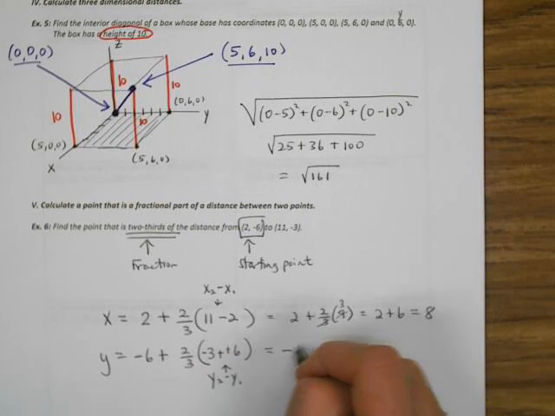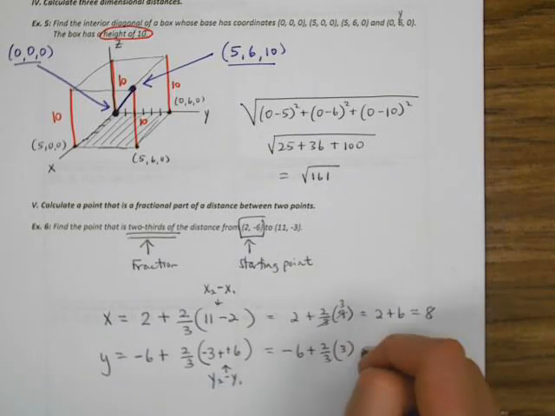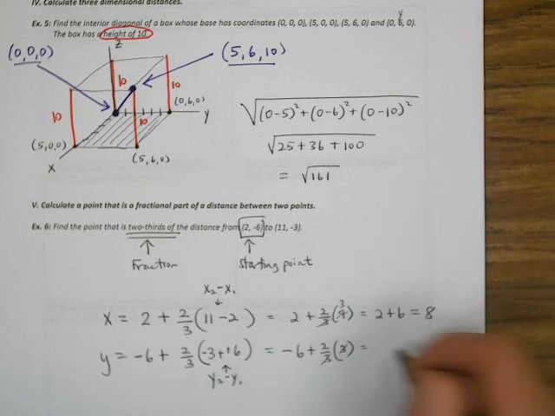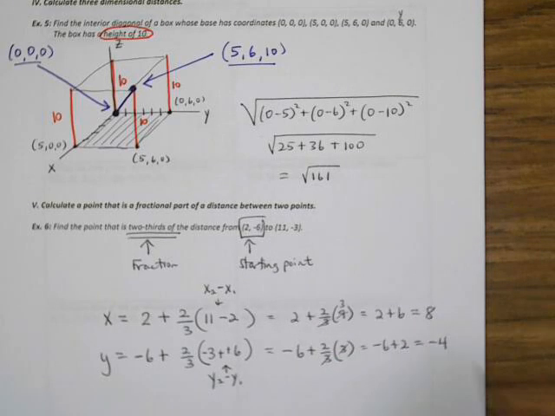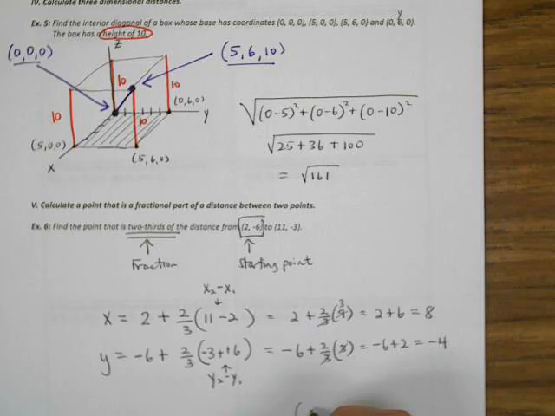So that is -6 plus 2/3 of that distance. -3 plus 6 is 3. Those 3's will cancel. That's -6 plus 2, which is -4. So my point, that is 2/3 of the way from 2, -6 to 11, -3, is the point 8, -4.